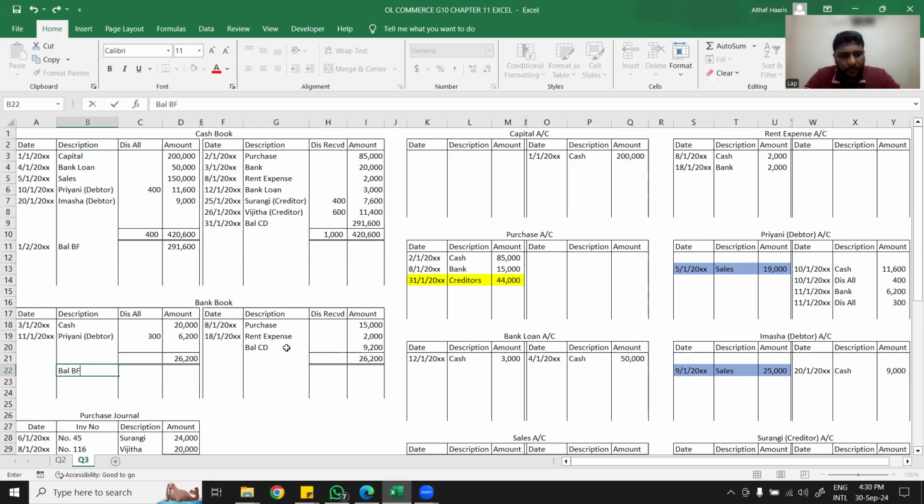Balance BF. 9,200. Opening balance 1st February 20XX.